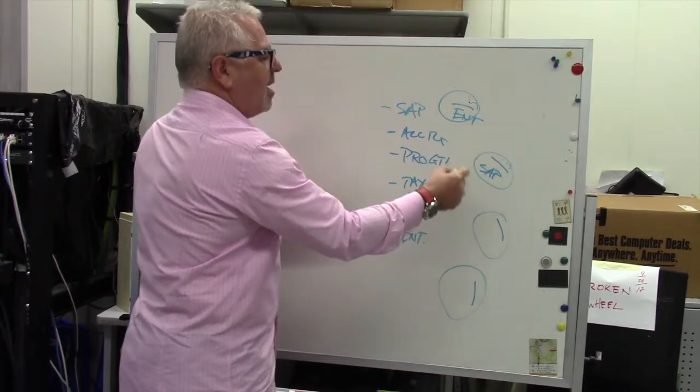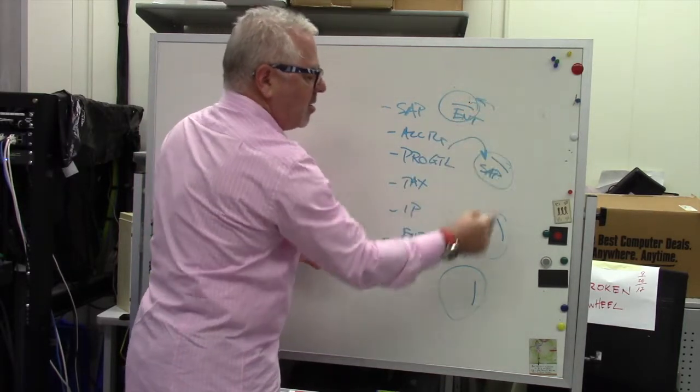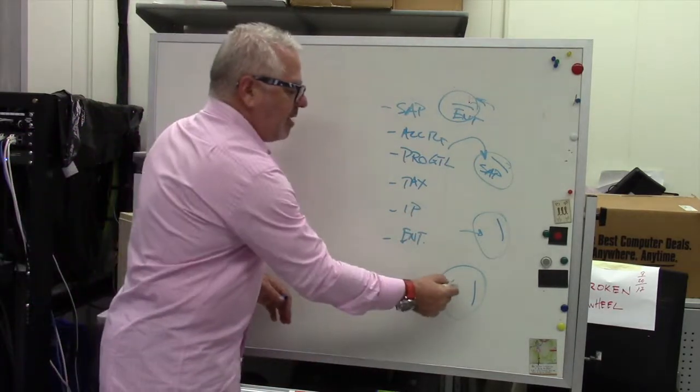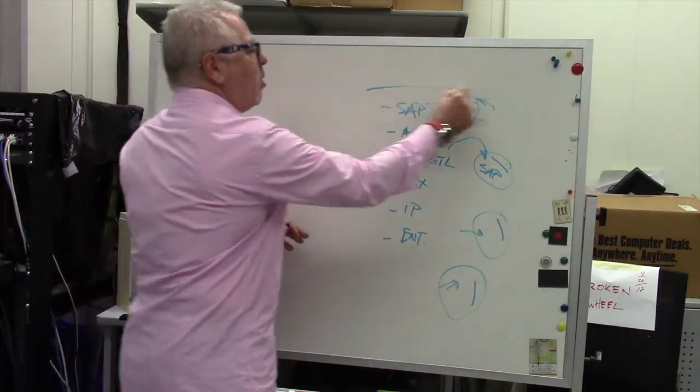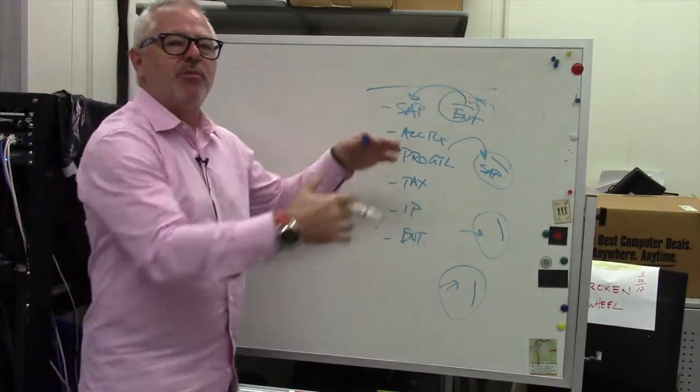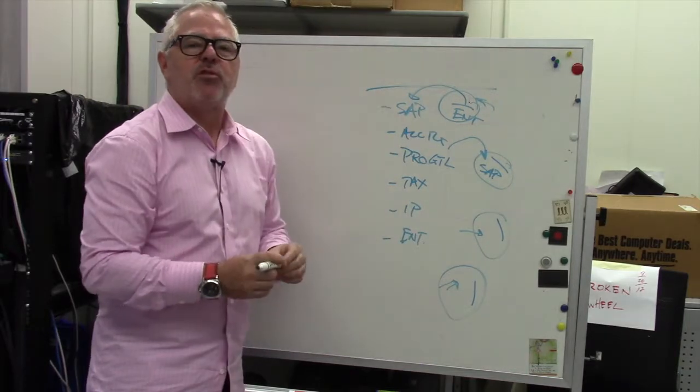For example, Aaron will be here, I'll be here, Katya and Keith will be there, IP down here, etc. Then each one of us could present what we came up with in our brainstorming ideas.